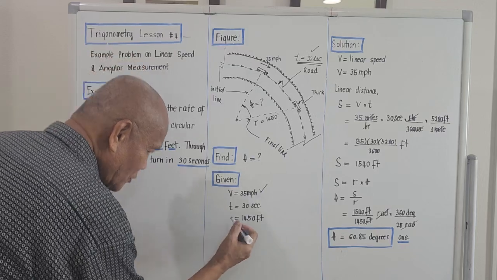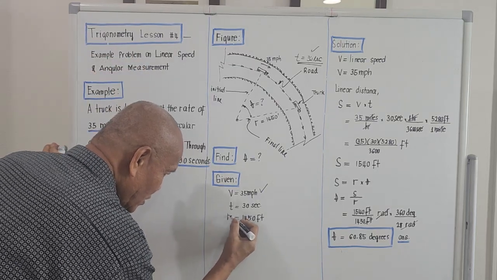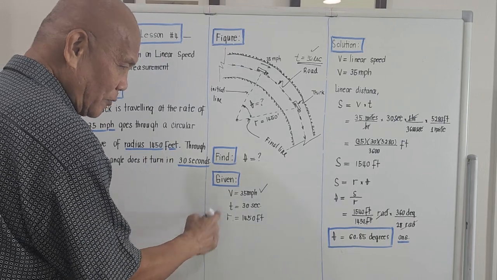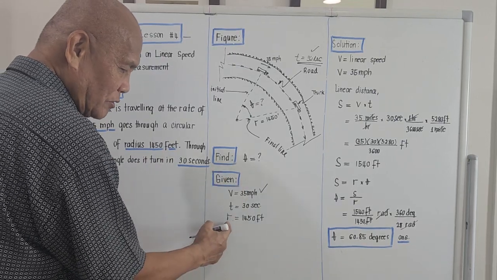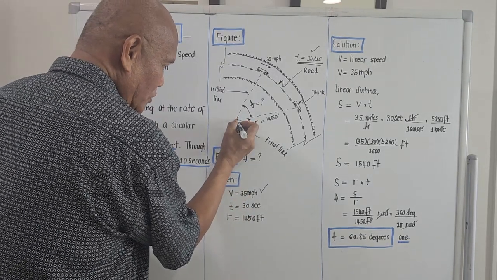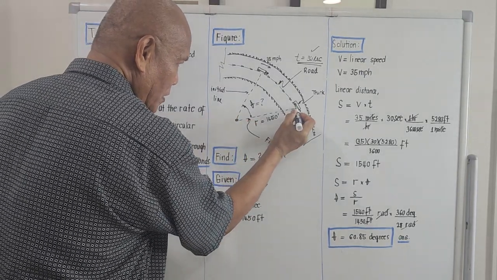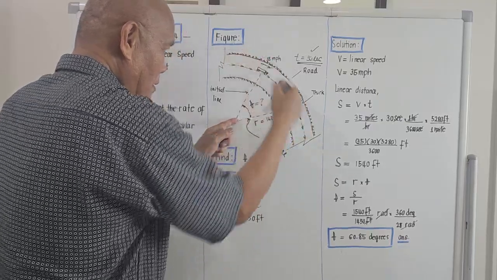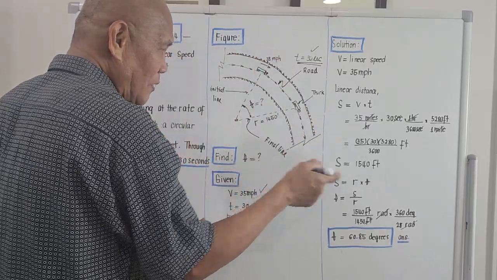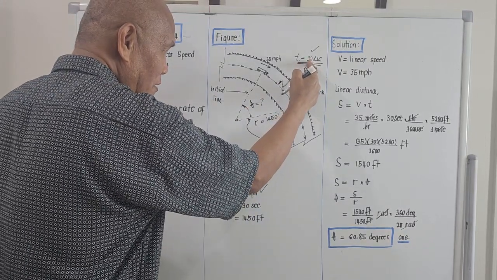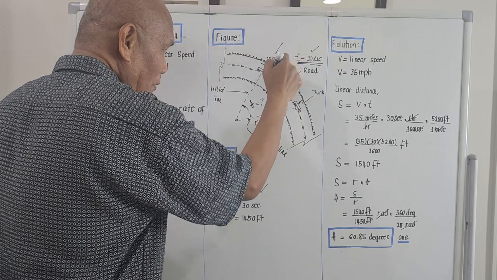And small letter r, or big R, is still a radius. So the radius is 1,450 feet. From this center point up here, this is 1,450 feet. So the problem is asking what will be angle theta after time t equal to 30 seconds and the speed is 35 miles per hour.